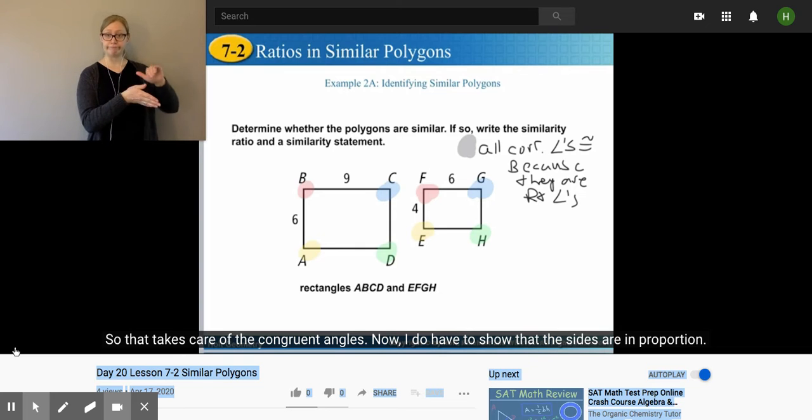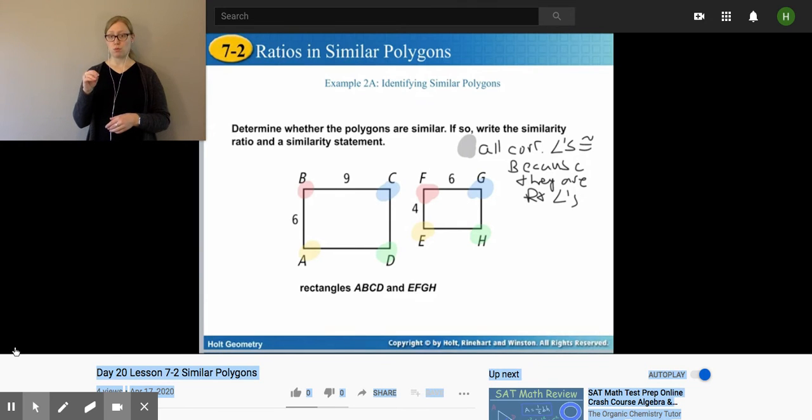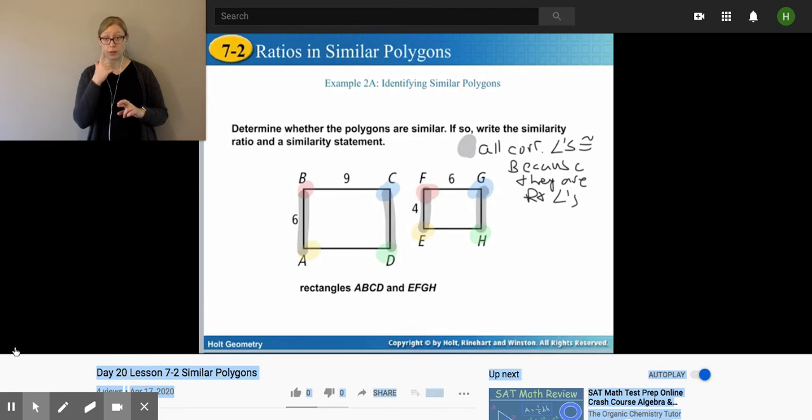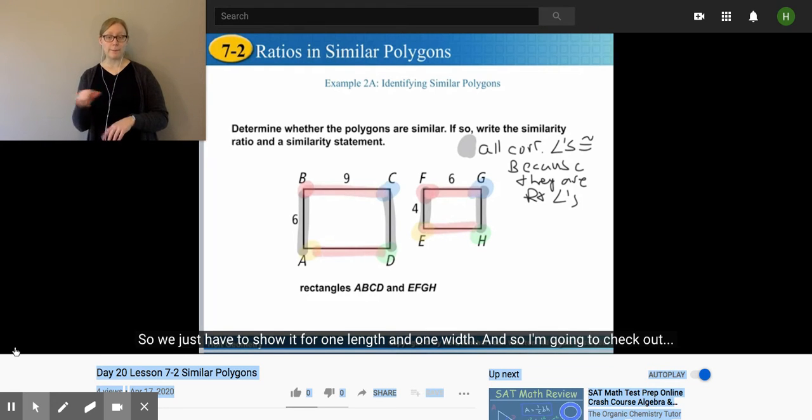Now I do have to show that the sides are in proportion. But again, with a rectangle, we luck out because we know that the width is going to be the same for all of these lengths, and the length is going to be the same for all of these lengths as well. So we just have to show it for one length and one width.